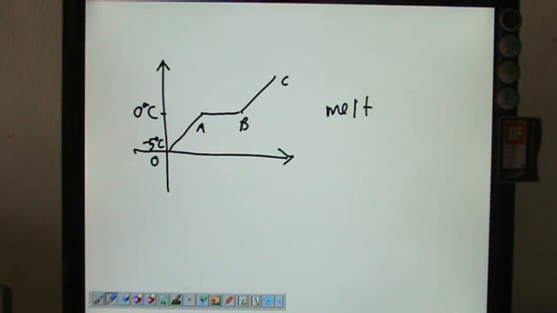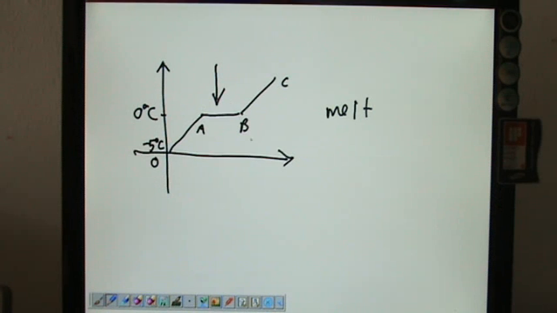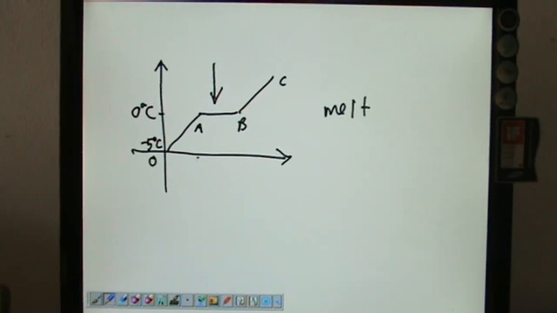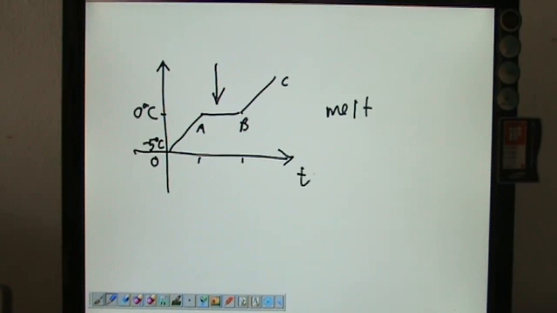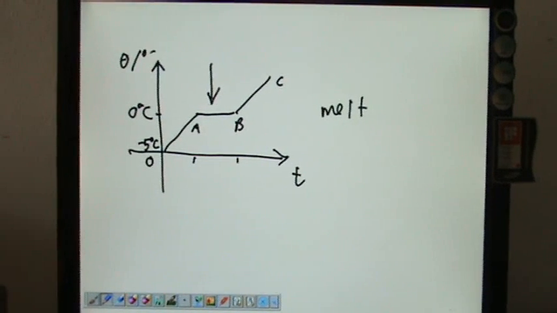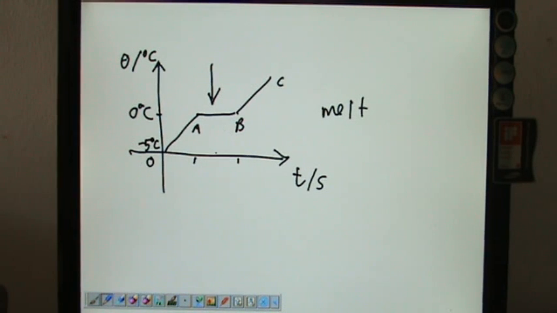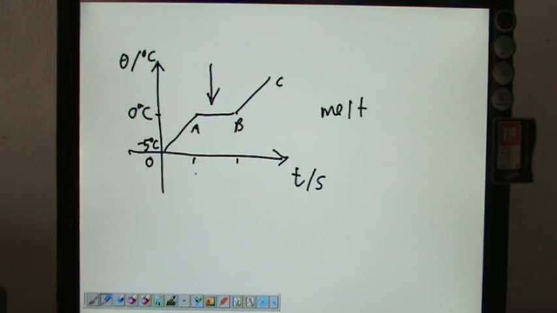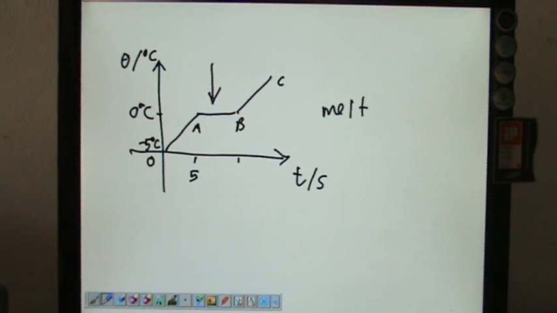And at 0 Celsius, this point is the point of interest for us, because even after some time passes, there's no change of temperature. From A to B, there's no change of temperature, even though there's a change of time. Maybe this is 5 seconds, this is 10 seconds.